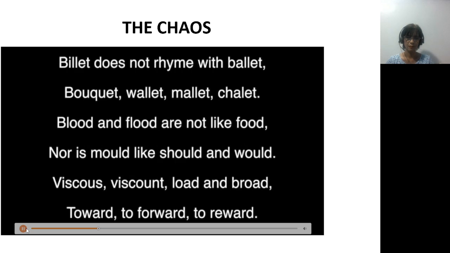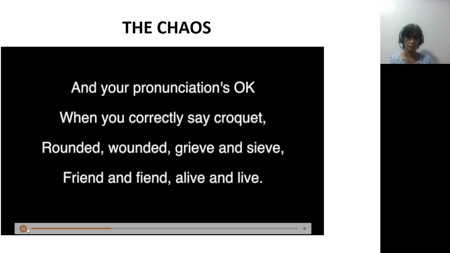Billet does not rhyme with ballet, bouquet, wallet, mallet, chalet. Blood and flood are not like food, nor is mould like should and would. Viscous, viscount, load and broad, toward, to forward, to reward. And your pronunciation's okay when you correctly say croquet. Rounded, wounded, grieve and sieve, friend and fiend, alive and live.